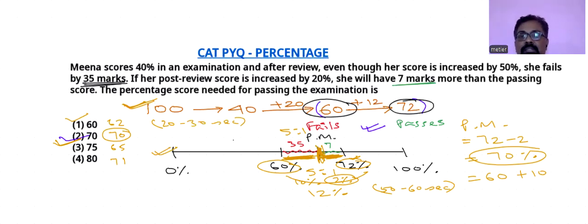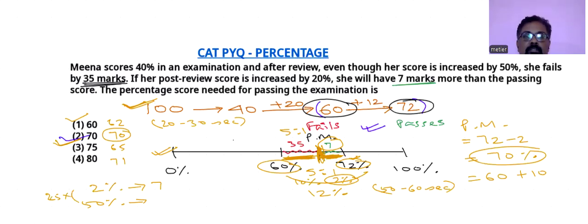Say 50% is the pass marks, now we got it. Here we are getting 7 marks, which is equivalent to 2%. So 2% is 7, 50% will be 25 times.